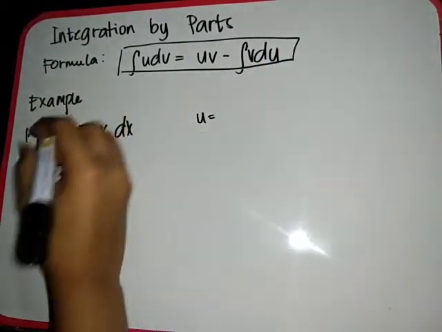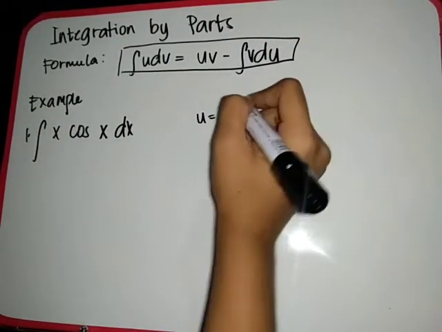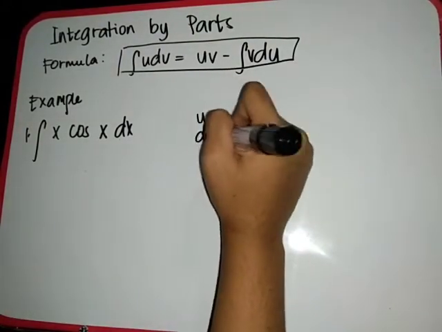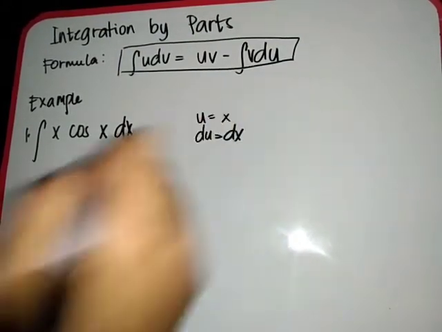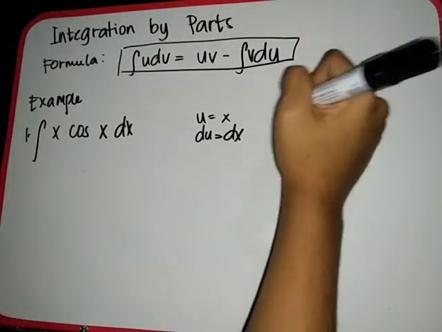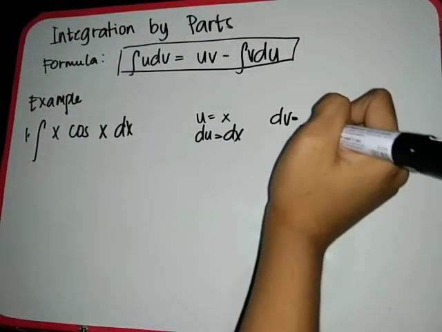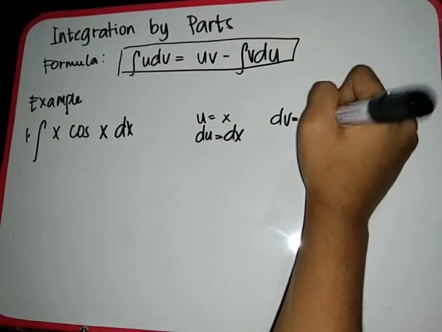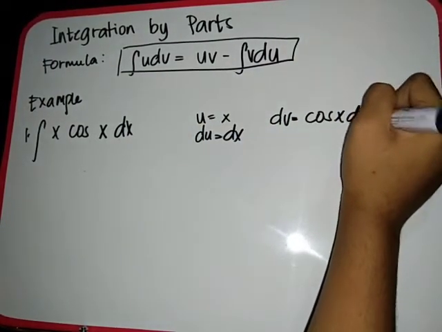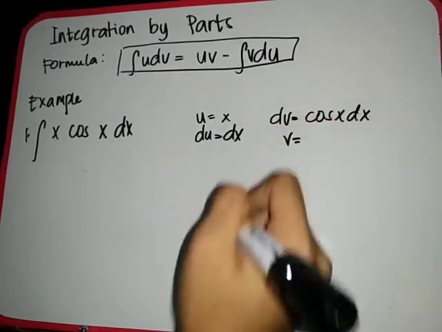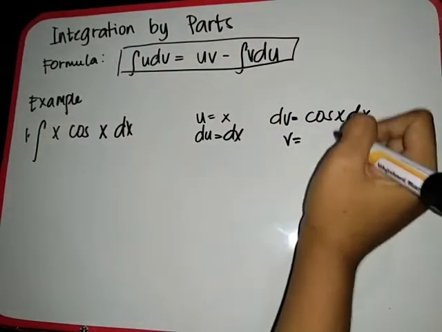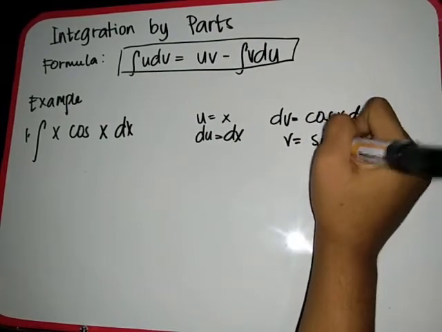Our u is x, and then our du is dx. Our dv is this cosine x dx, and our v is the antiderivative of cosine, that is sine x.